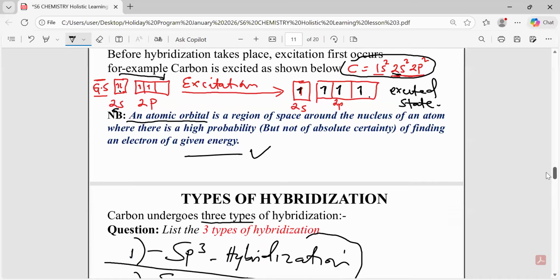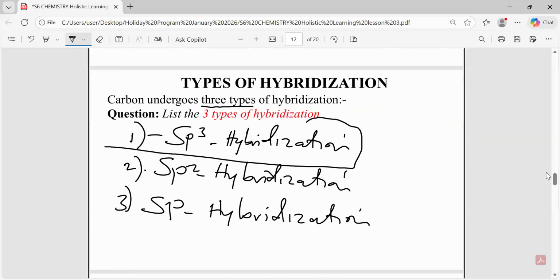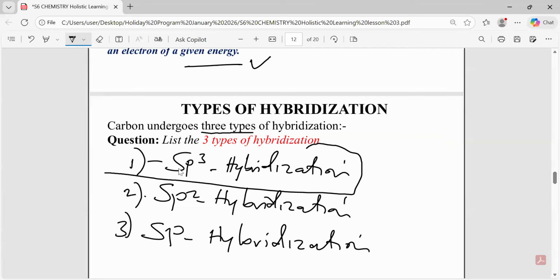Now when you come to hybridization, sp3, whenever we talk about sp3 there is s combining with p, but it is 1 s combined with 3 p. This superscript 3 is indicating that in p we are using 3 of the p's. When you go to sp2, it means we're using 2 of the p's.